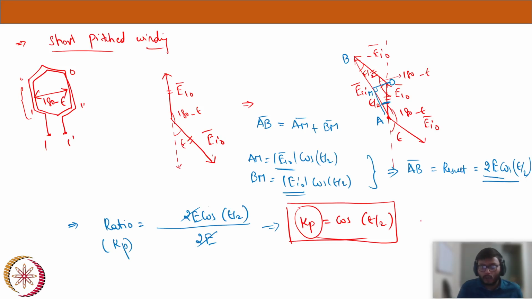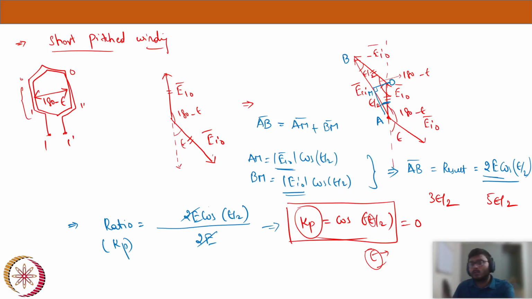Let's say if I want to eliminate the third harmonic, I will go for 3 epsilon by 2 short pitch angle. If I want to eliminate the fifth harmonic, I will go for 5 epsilon by 2 short pitch angle. Then I will calculate the Kp factor, equate it to 0, and find the angle epsilon.